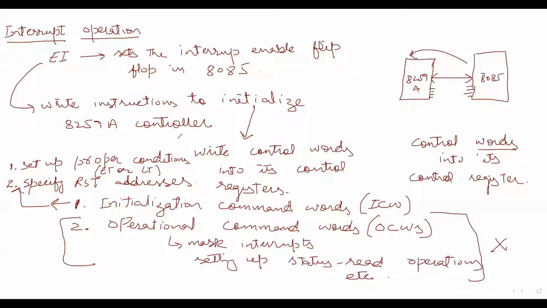So the complete process up till now is that first we put the enable interrupt instruction, then we put instructions to initialize the 8259A device. These are the two instructions that we have to put.